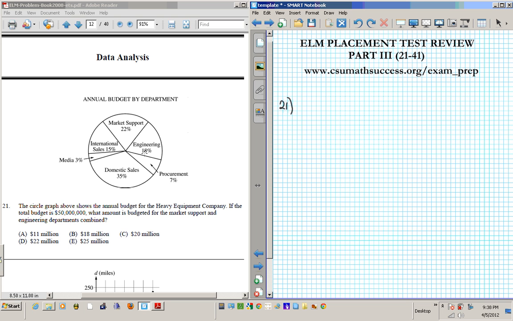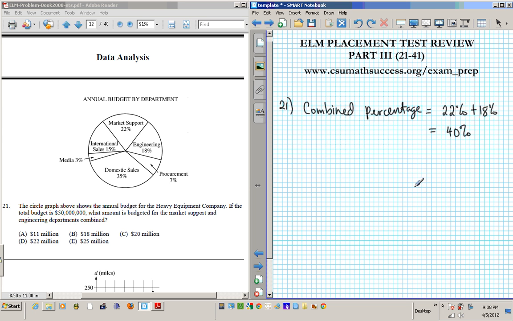So their combined percentage is basically going to be 22 plus 18, which is 40%.